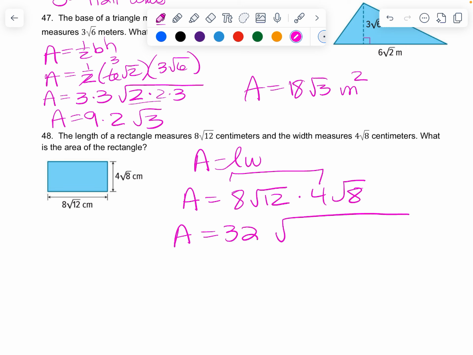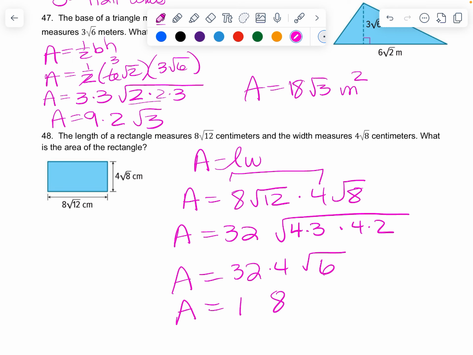Underneath, 12 is 4 times 3. 8 is 4 times 2. So the square root of 4 times the square root of 4 is going to get me 4, or the square root of 16 is 4. We can't do those, so they are underneath. So this is going to get me 128 radical 6 centimeters squared.